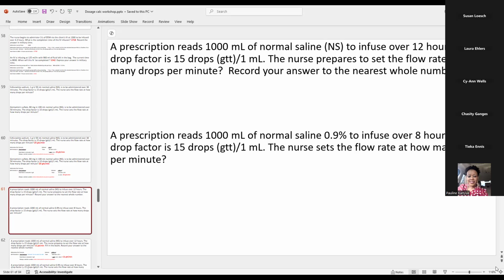So 1,000 mLs divided by 720 minutes times your drop factor of 15. And what'd you get? 21. Okay, do the second one on your own.